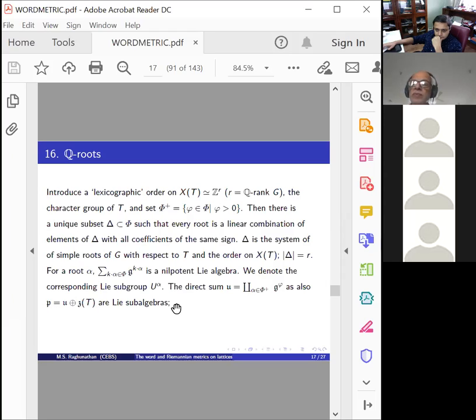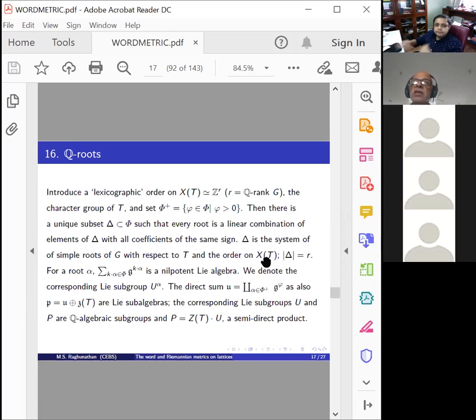It turns out that the corresponding Lie groups U and P are Q algebraic subgroups, where capital P is the semidirect product of ZT and U. This ZT is the Lie algebra of ZT, this is the Lie algebra of U, and ZT times U has the sum of these as its Lie algebra.